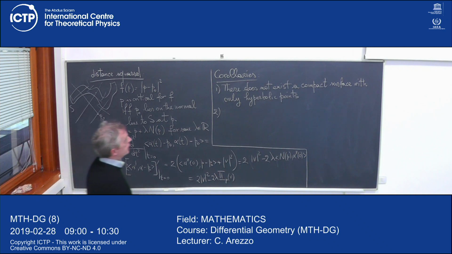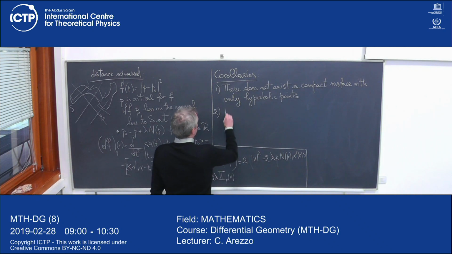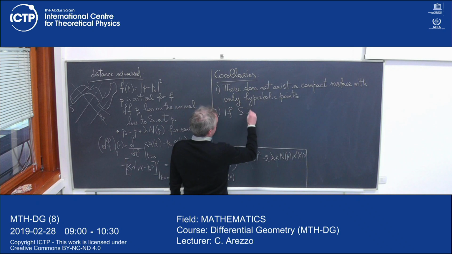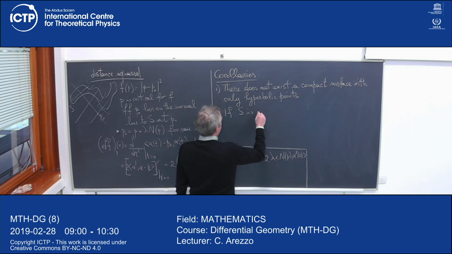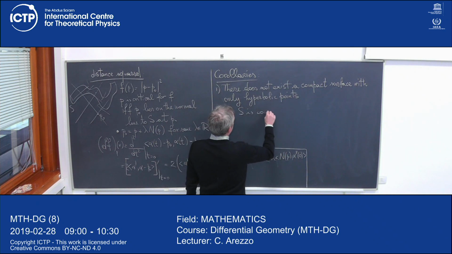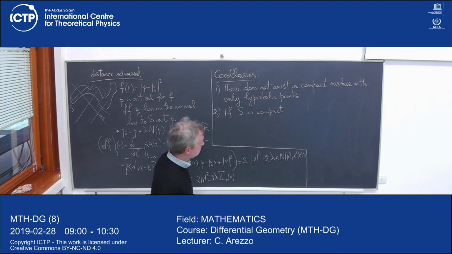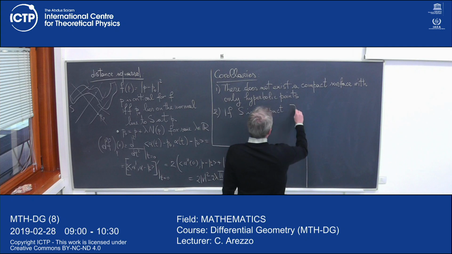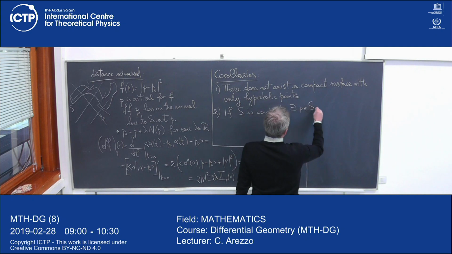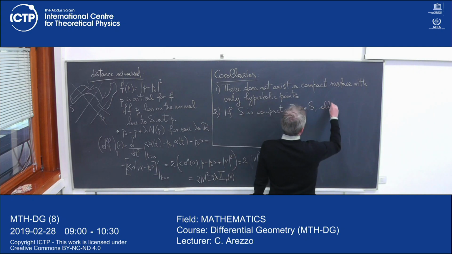And in fact, second corollary, it's essentially a reformulation, but it's slightly more. If S is compact, there exists P in S elliptic.